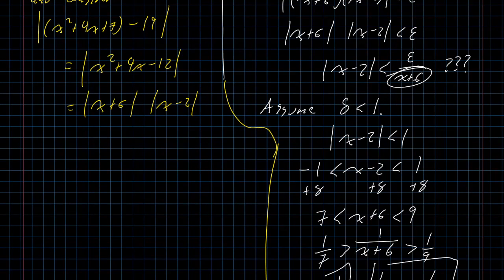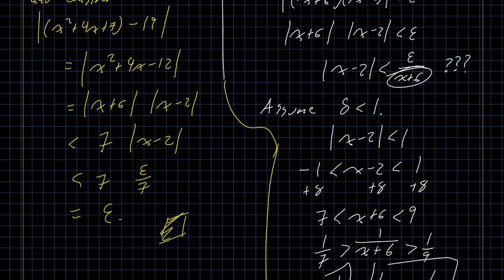X plus 6 has to be something smaller than 7. And x minus 2 has to be something smaller than epsilon over 7. And all told, that's equal to epsilon. Our proof is a lot shorter than our scratch work. And again, that's a fairly common thing. That's just how these things go.